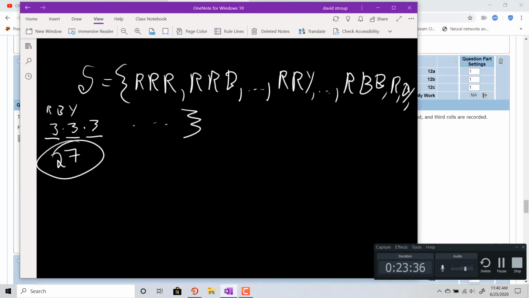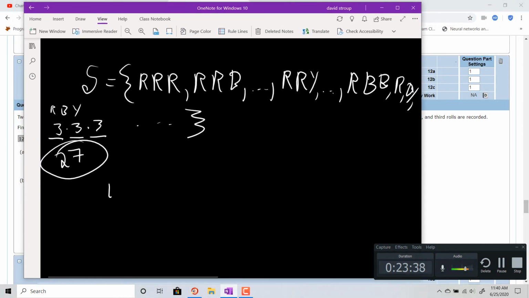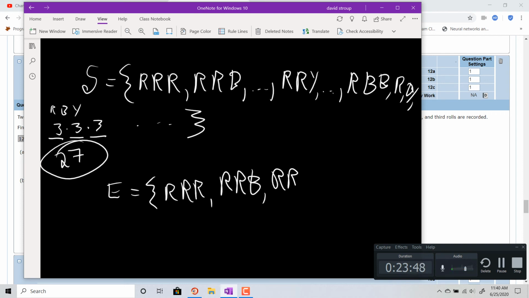Okay, part B: find the probability that exactly one of the colors that appears face up is red. So I just need to figure out that event space. At least 1 red: red, red, red, red, red, blue, red, red, yellow, and then red, blue, red, blue, red, red, red, yellow, red, yellow, red, red.